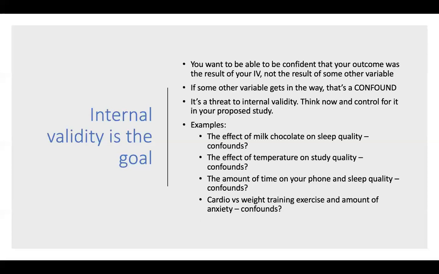One person in the cardio group drinks 3 Cokes a day. One person in the weight training group drinks 3 Cokes. 3 people in the cardio group drink half a Coke per day. 3 people in the weight training group drink half a Coke a day. And so here, Coca-Cola or caffeine is even between your groups. And that's one other way of controlling for that variable and taking care of that confound.